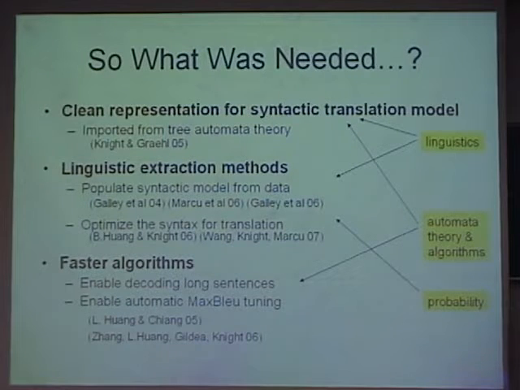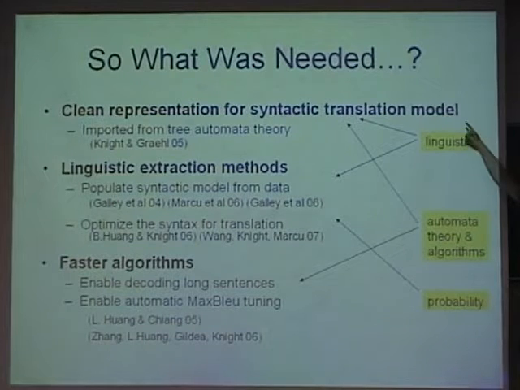Also to optimize the syntax. There's nothing that says the syntax of the Penn Treebank is optimized for translation, so there's things to do there, and that was important. And then faster algorithms, to enable the decoding of long sentences and enable automatic max BLEU tuning on long sentences. That was another big deal. So these are the areas where, in the top line, what we had to do is find a model.